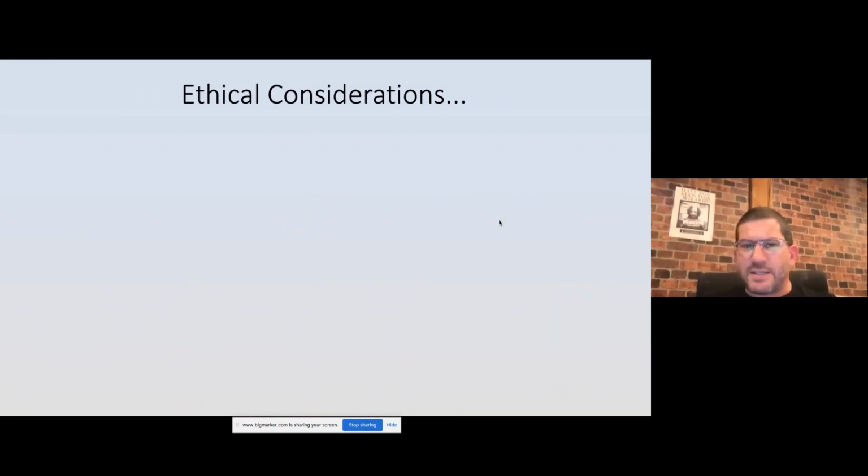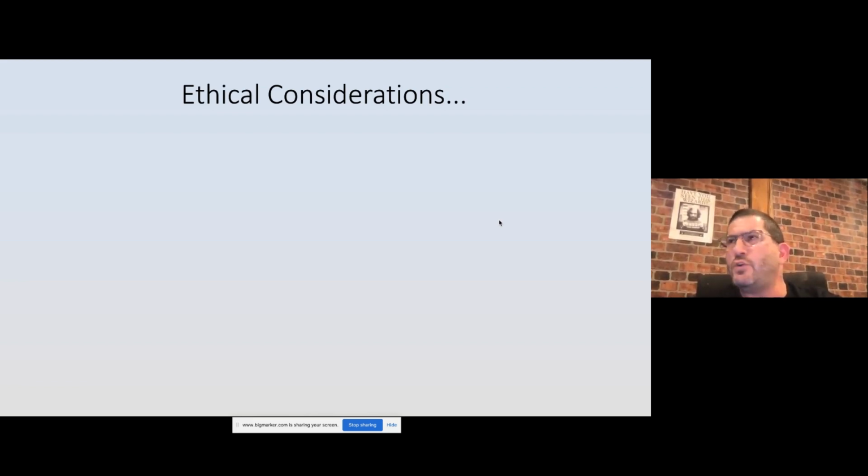I also want to talk about some ethical considerations because this is facial recognition. Many of you read the same stuff I do in the news, and particularly with a new technology, I think Silicon Valley is not always good at really trying to look at ethical decisions before doing something.